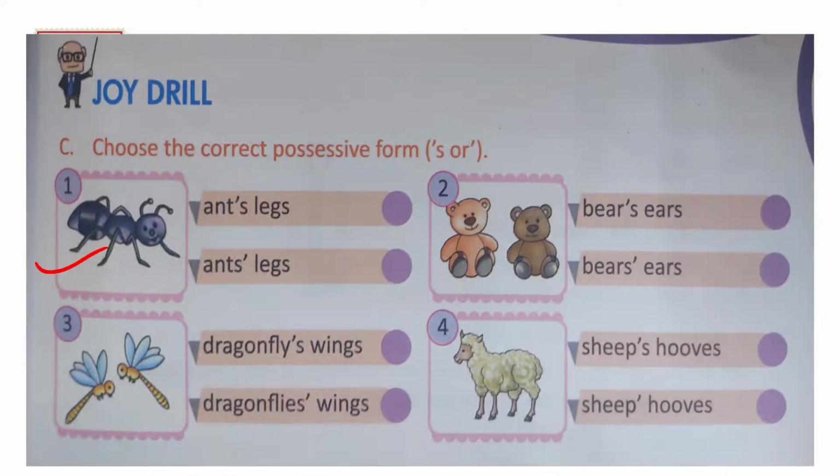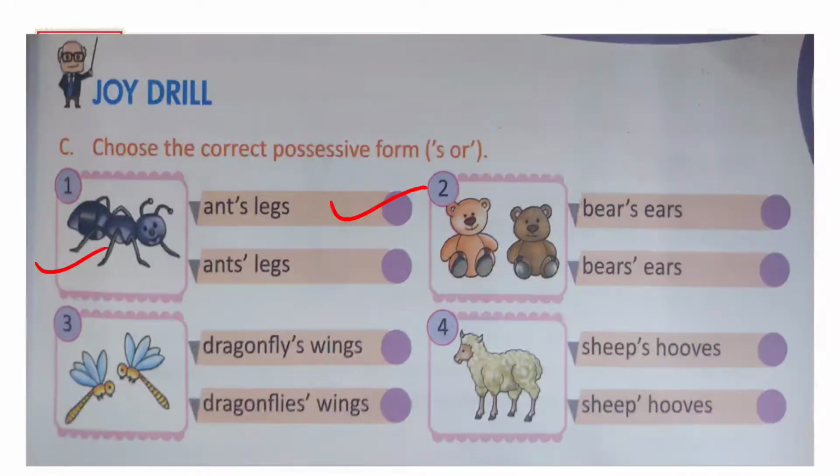Like it is a single ant. So what will be the answer? Ant's legs. Like this you have to tick. In the second picture also you have to see whether it is singular or plural, and according to that which answer will be correct. In the third one and in the fourth one, like this you have to do.